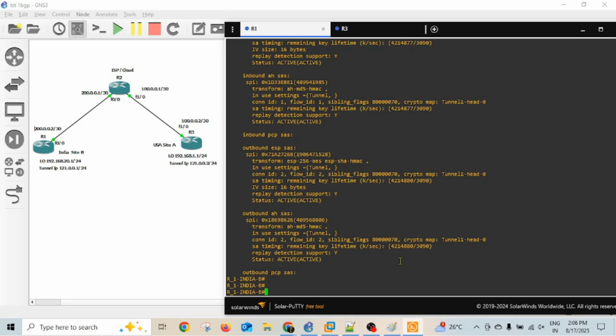Okay. So this is GNS3. You can use Packet Tracer as well. Your laptop is not capable of GNS3, so you can use Packet Tracer. It's from Cisco. You can download it from the Cisco website, and it is free and easy to install. Okay. Yep. So configure in Packet Tracer, no problem.